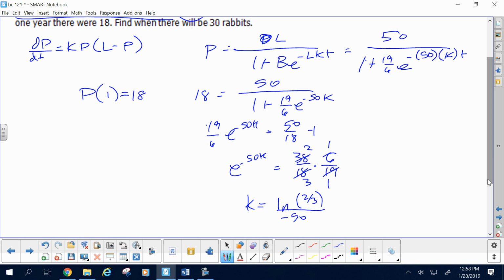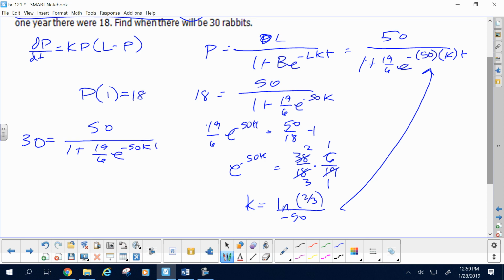With that then, you can say the population would be 30 when your equation equals 30. And I would definitely store your K. And you're going to solve that for t.